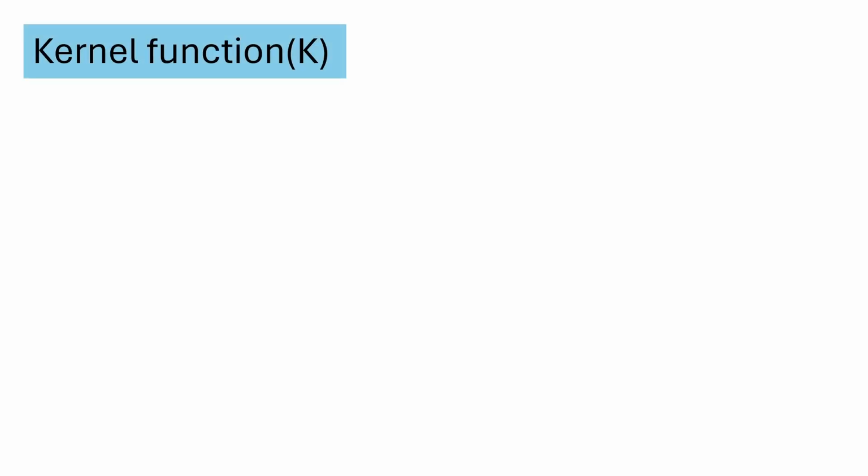Okay, now let's look at the kernel function. The kernel function represents the shape of the kernel. Bandwidth decides the size of the kernel, and the kernel function decides the shape of the kernel.